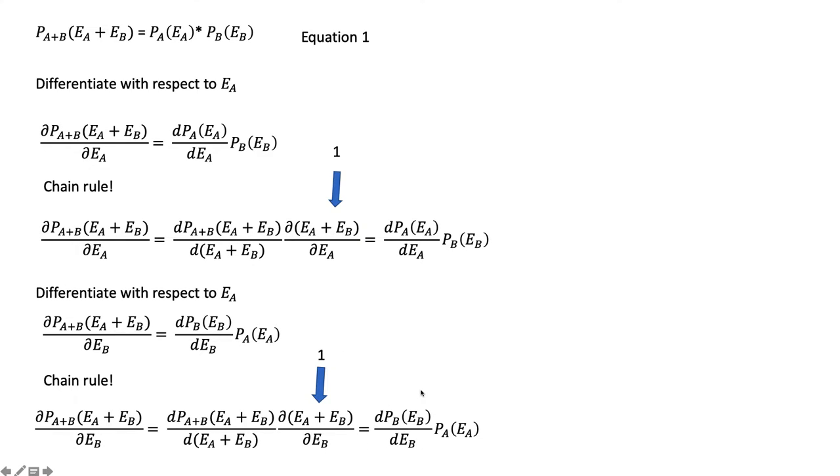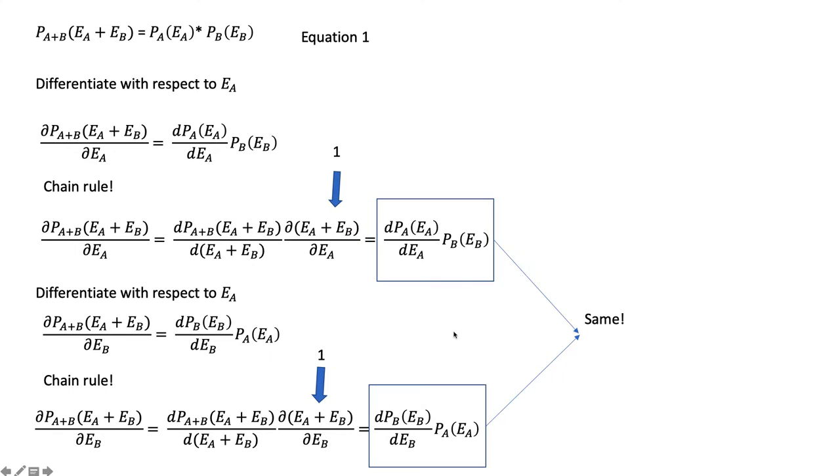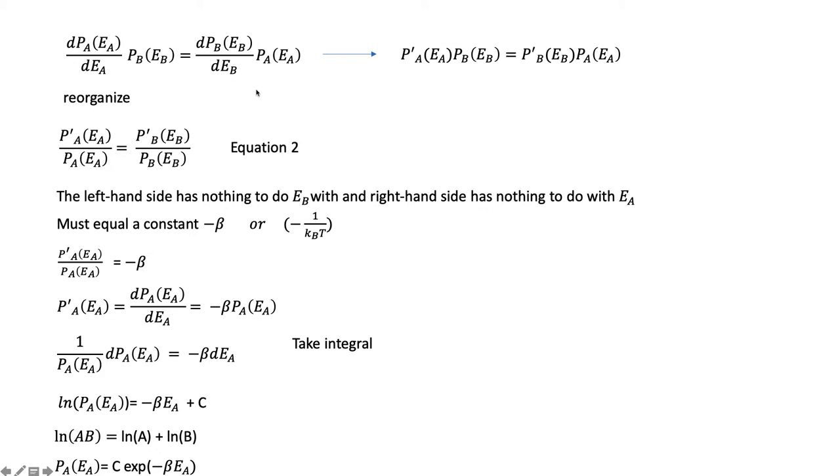So now we can build a connection between these two terms, and they are the same. Let's bring these two terms to here so we know these two are the same. And let's just denote this derivative P prime A(EA) to make it easier. If we reorganize this by putting P_B to that side and P_A to that side, we get this relationship.